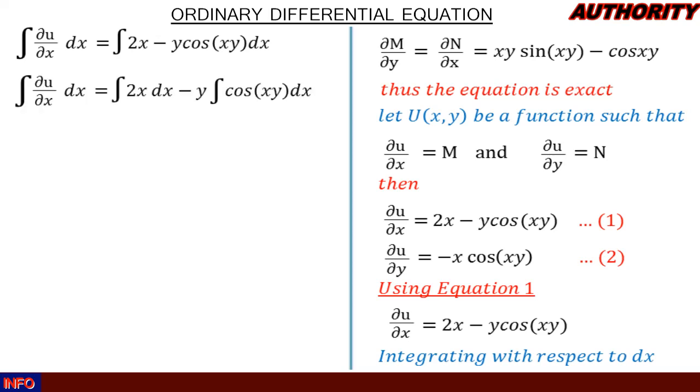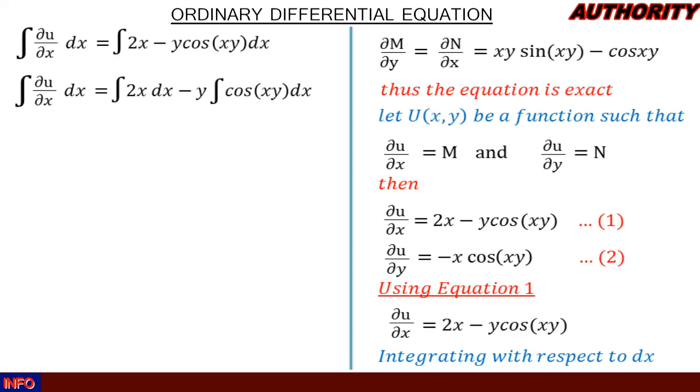So here we have the integral of 2x dx minus y, the integral of cos xy dx. We are integrating with respect to x, and then we have y in the function. So we regard this y as a what? As a constant. We take it behind the integral sign. Okay, good.